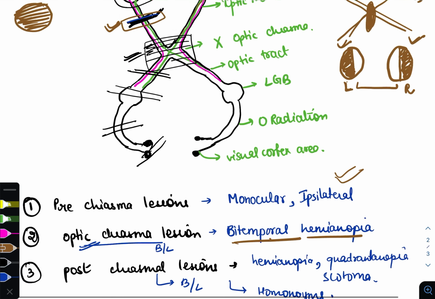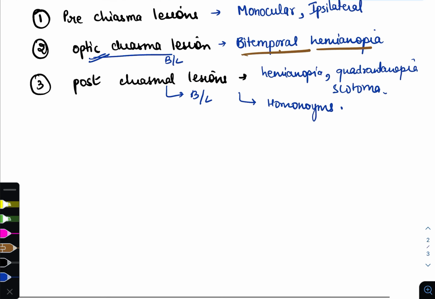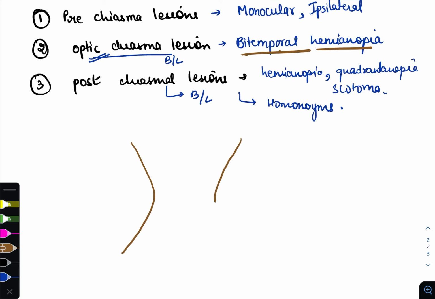Now after the chiasma we have optic tract lesions. What will happen in optic tract lesions? This one will come from the same side, and this structure will cross in the optic chiasma.